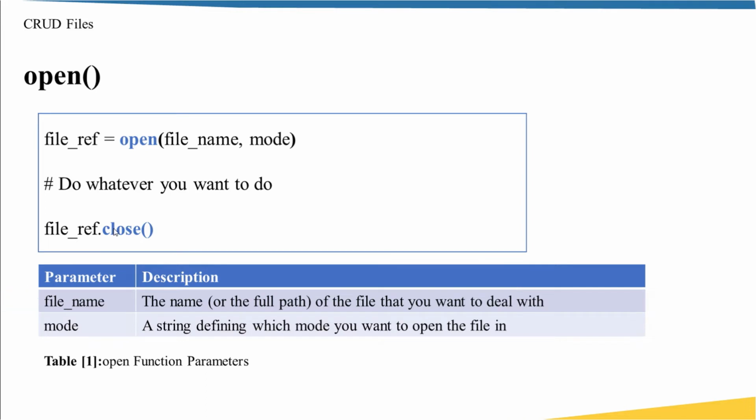File name is a string, and usually should be the file name if it's available in the same current working directory, or you have to specify the full path of the file that you want to deal with. Mode is a string defining which mode you want to open the file in, and we will talk in detail later on about mode. From this syntax here, we can understand that whenever we want to deal with a file, I'm going to use the function open first, and this is quite important.